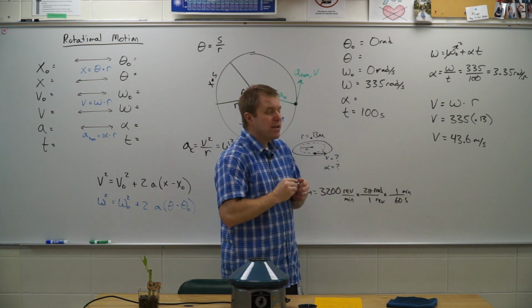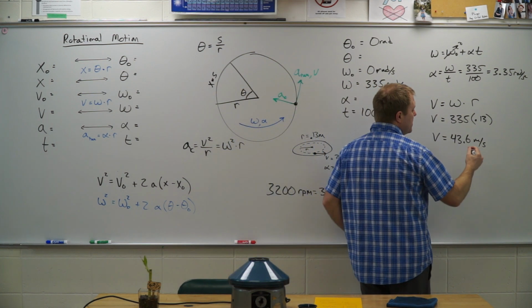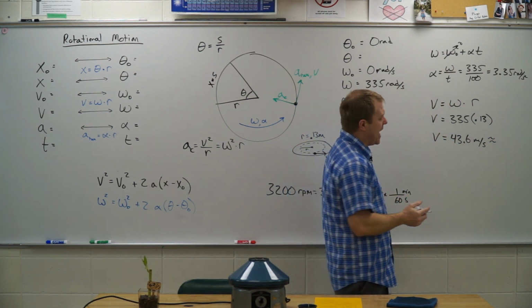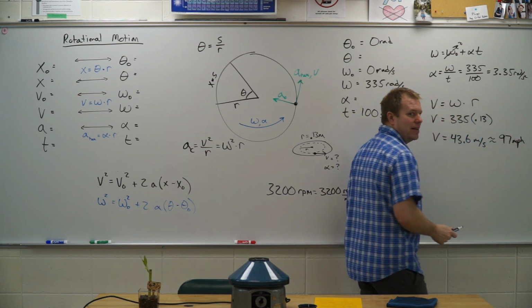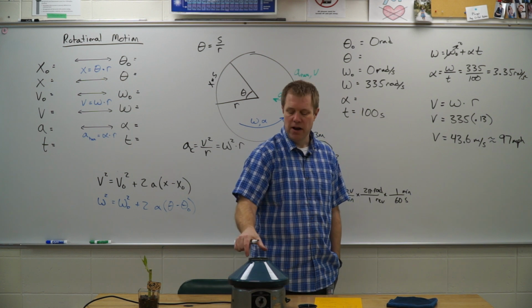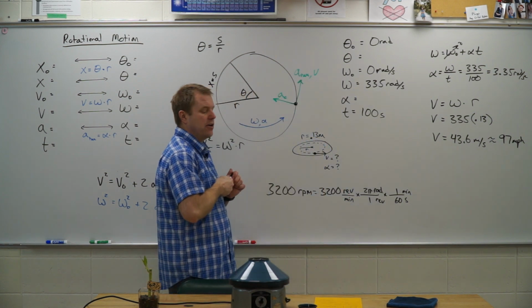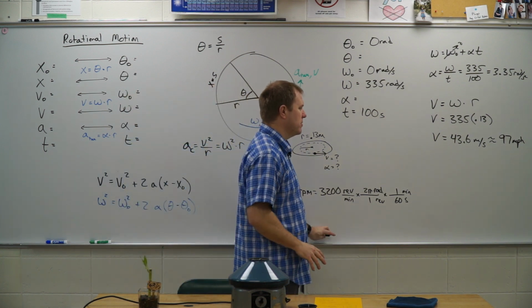So I had that 43.6 meters per second. This is approximately, gosh, it was real close to 100. What was it? 97 miles an hour is how fast that point is moving around on here. And that isn't even at the maximum speed of this centrifuge. It does start to walk a little bit on you once you get up to those speeds.